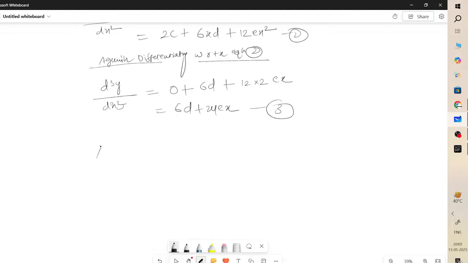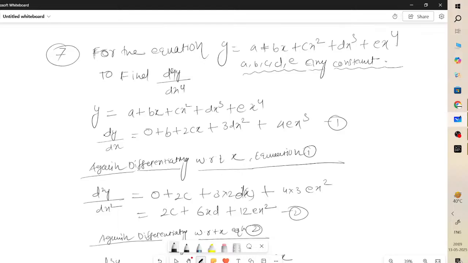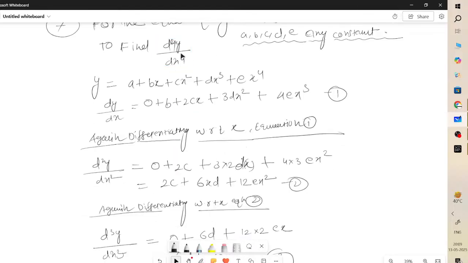Again differentiating, because we have to find d4y by dx4. Here is this value, you have to find this.